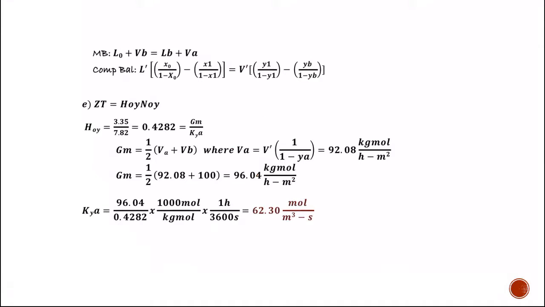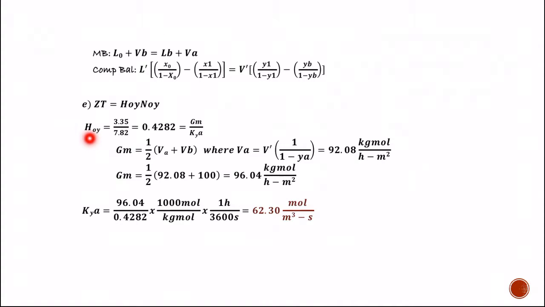Next, for finding the KYA if the packed column height is given as 3.35 meters, we will use this equation, the packed column height is equal to HOY times NOY, to find the unknown.